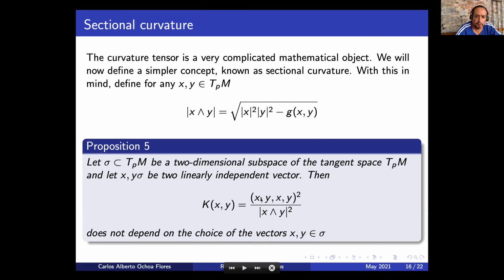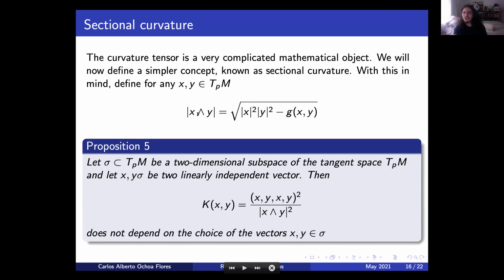Just one second. So this is what you are calling the absolute value of x wedge y. So I guess you are really defining this sort of absolute value function as a function from the wedge of the tangent space with itself to the real numbers.